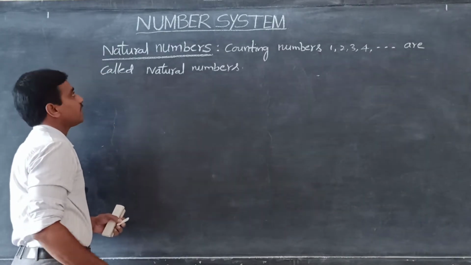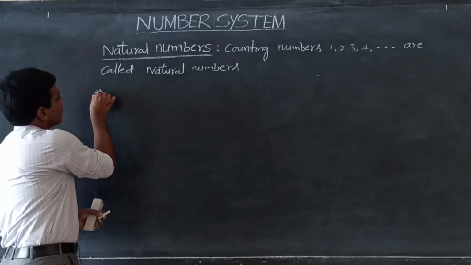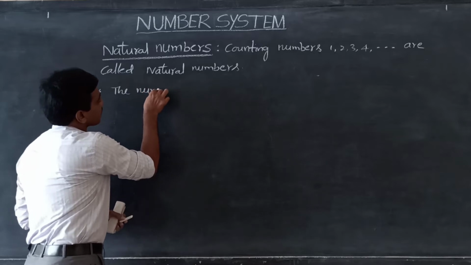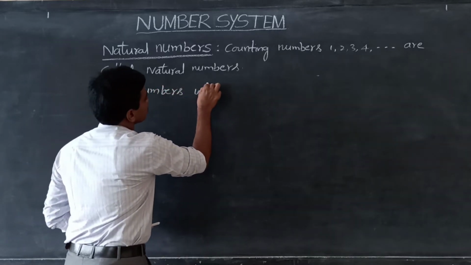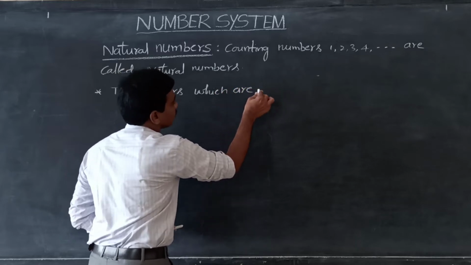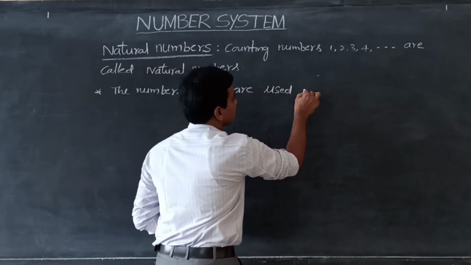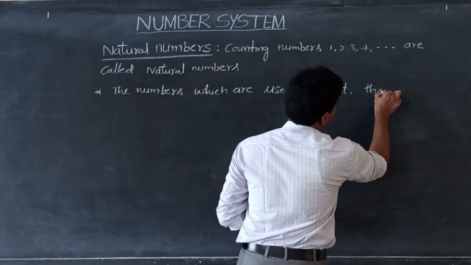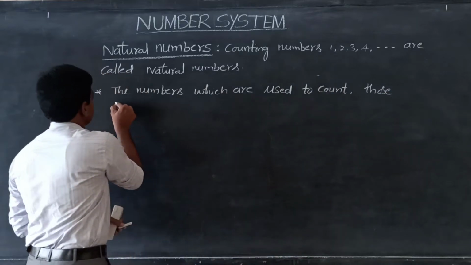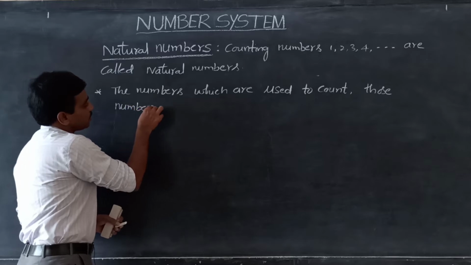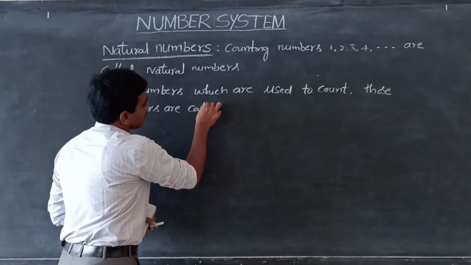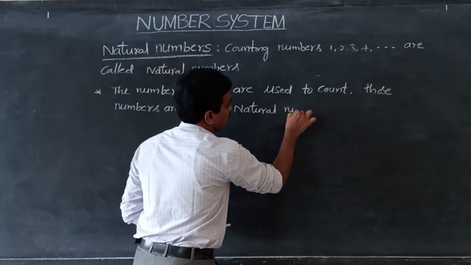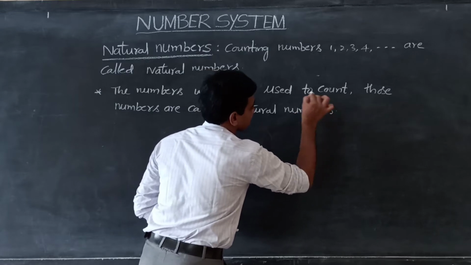In another way, we define these natural numbers, that is, the numbers which are used to count are called natural numbers, right?